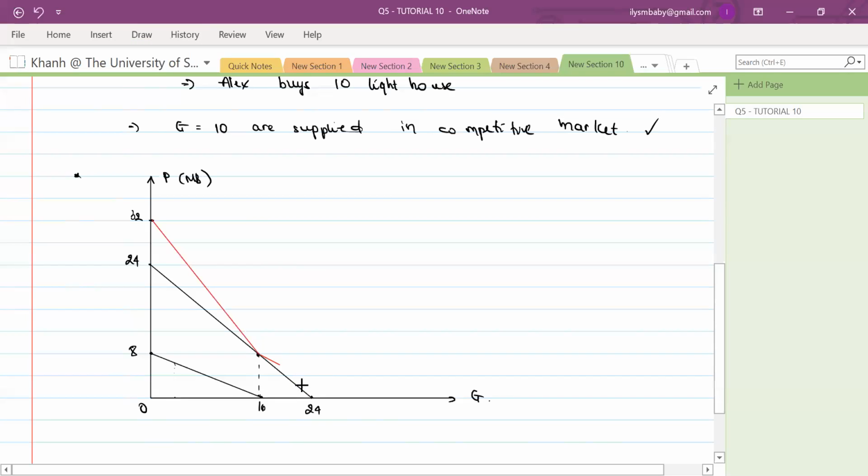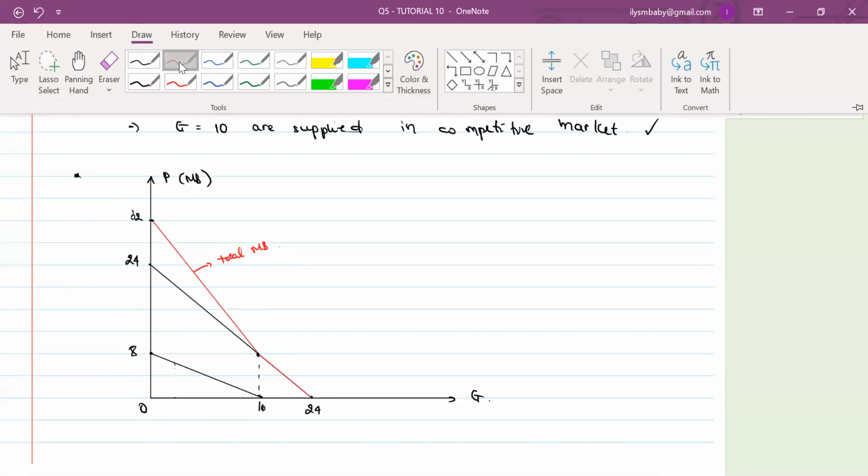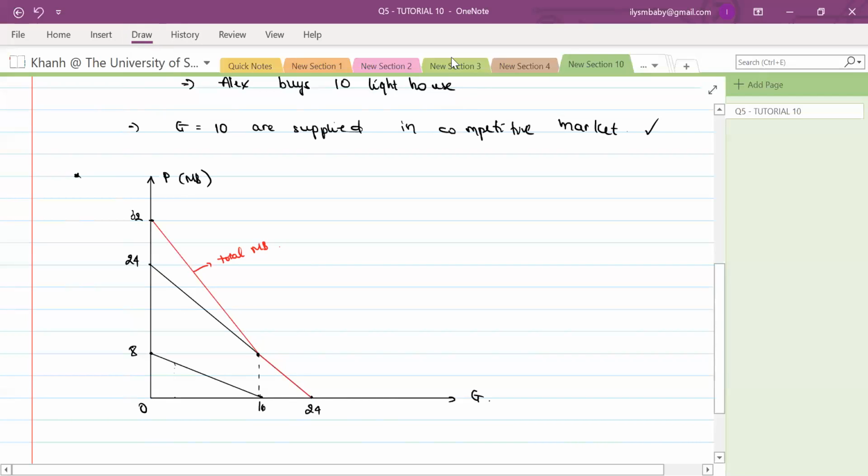So this one is the total marginal benefit. At the marginal cost of 14, I'm going to draw a straight horizontal line at 14.